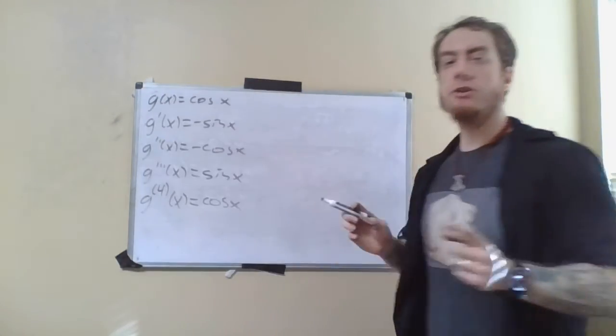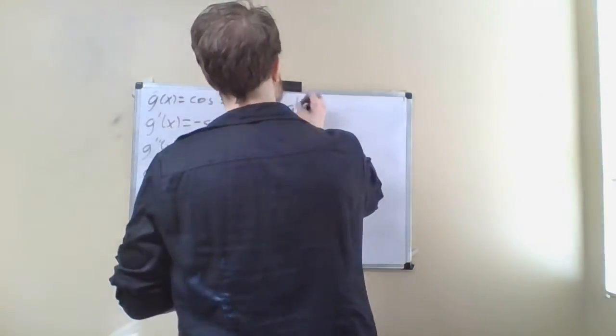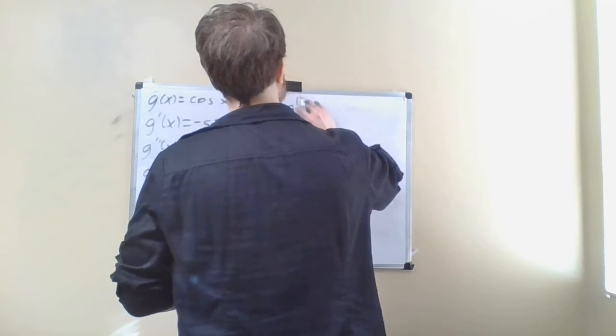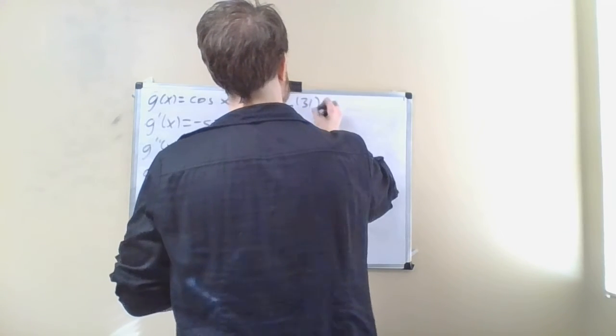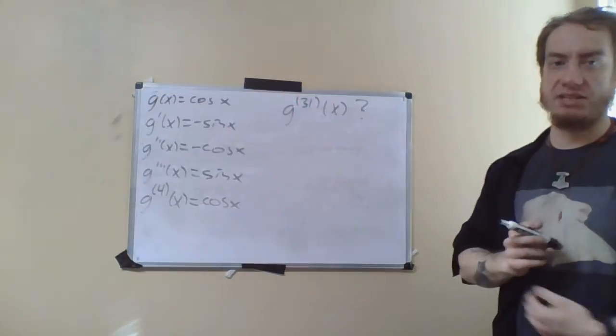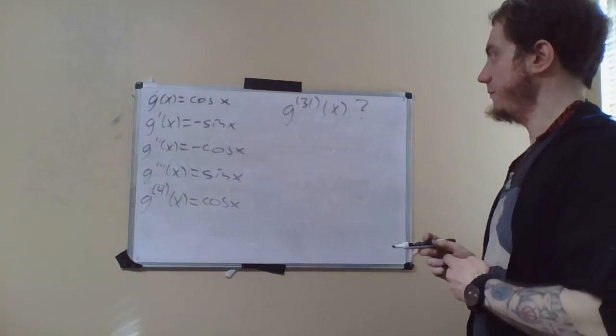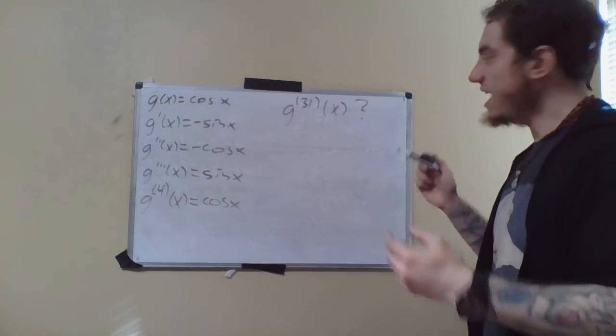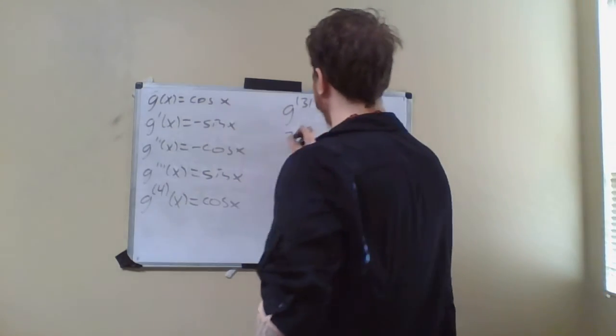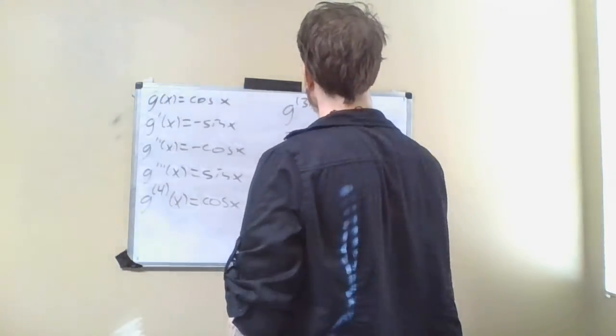So I want you to take a moment here and see if you can figure out the 31st derivative of sine x. Pause this for a moment and see if you can think of what that would be. Well, the answer is, what is the remainder when I do 31 divided by 4?